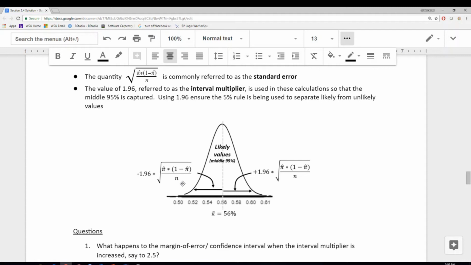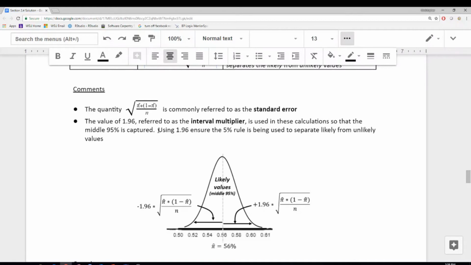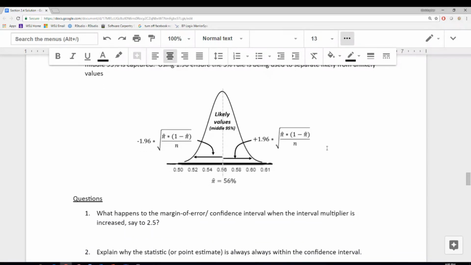Let's talk a little bit about that interval multiplier. The value of 1.96 is used because we are interested in capturing the middle 95%. So using 1.96 ensures that the 5% rule is being used to separate the likely from unlikely values.